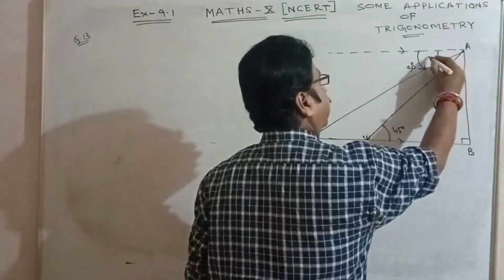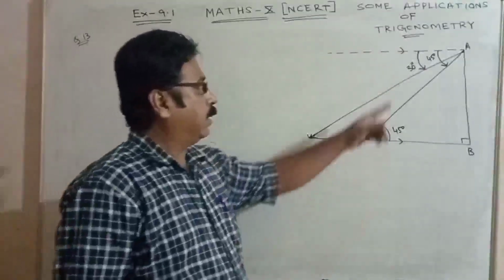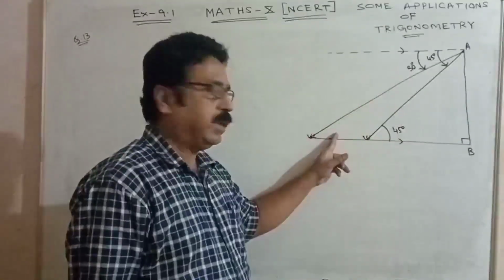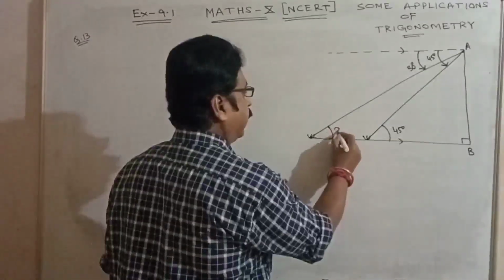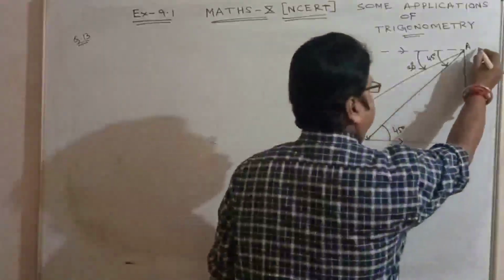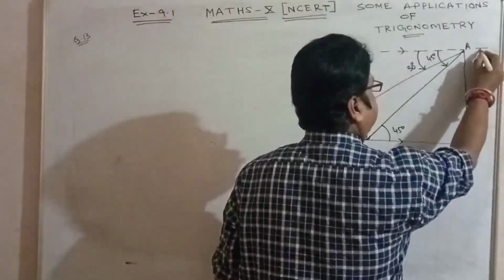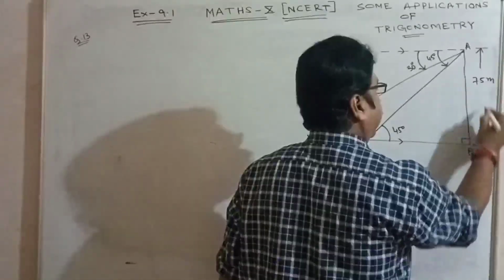And this was 45 degree. This angle and this angle, they are alternate angles. We can write here 30 degree. This data is given. Height of the lighthouse 75 meter.